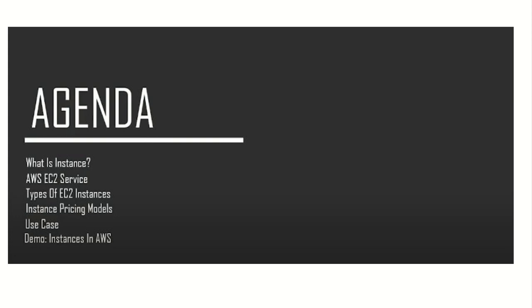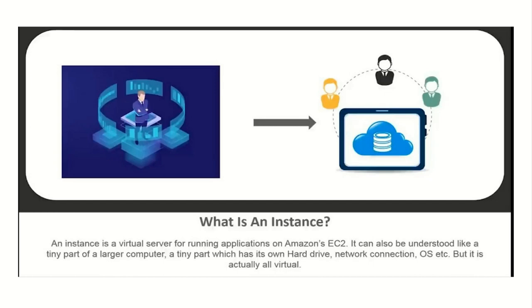So let us quickly move further and take a look at these things one by one. First and foremost, we would be talking about an instance. When you talk about an instance, we have this definition.